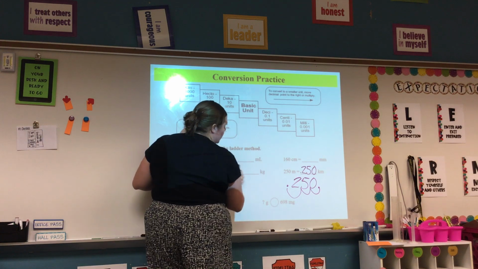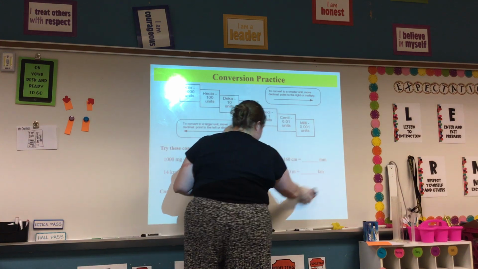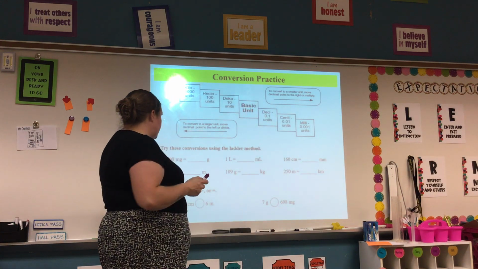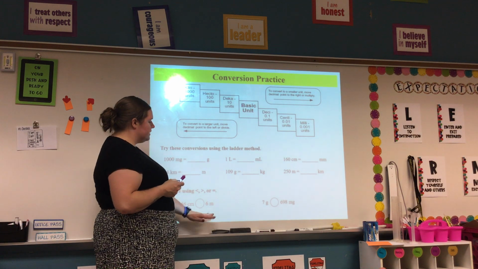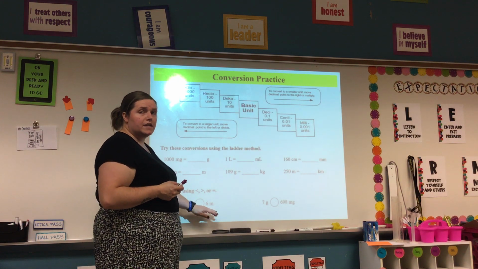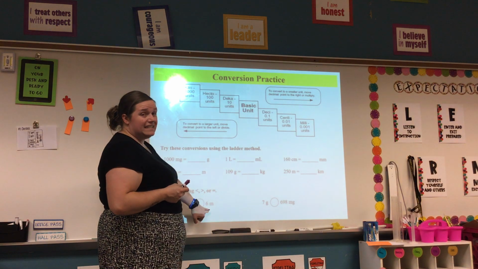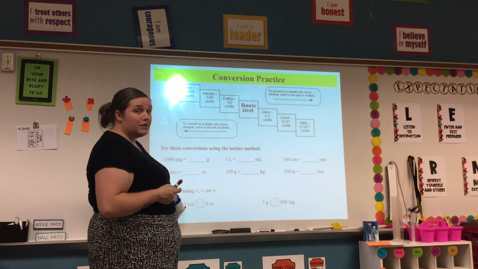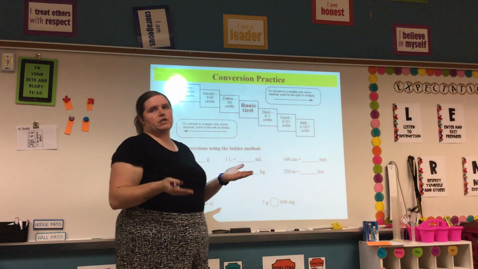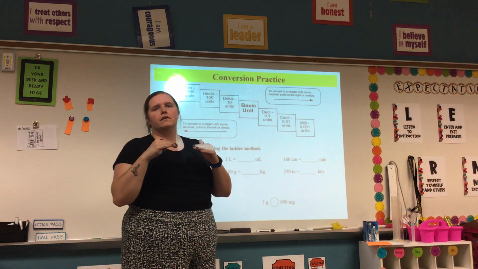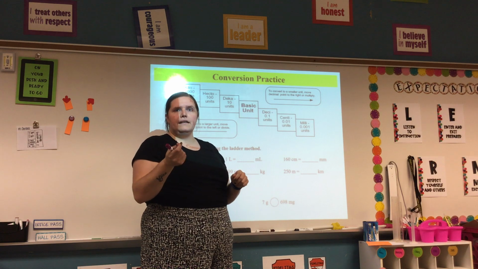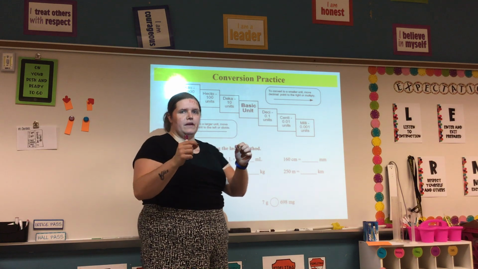So now we need to figure out inequalities, which is something you do in math. So you have 56 centimeters and 6 meters. What you need to do is decide which one you're going to convert to. I'm going to take the 6 meters into centimeters so I can see if they're equal numbers, because right now they're not on the same playing field. One's in meters, one's in centimeters. We need to get them to be the same thing.